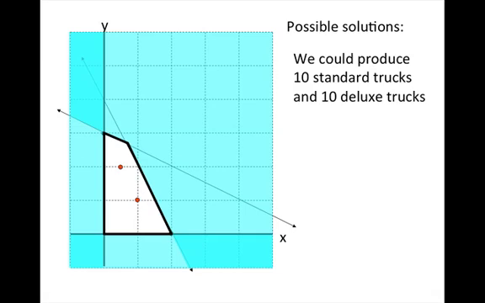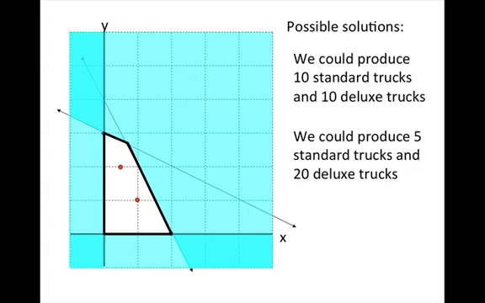Another point in that solution area is the second point. That looks like we've gone over 5 units because it's halfway between the 0 and the 10. And then I've gone up 2, so that's 20. So this would be the ordered pair 5, 20. So this would mean we could produce 5 standard trucks and 20 deluxe trucks.